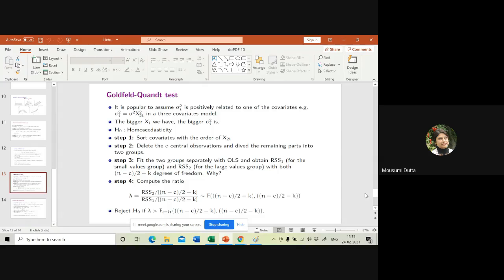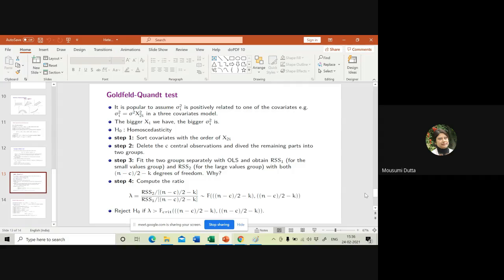Now, if you look at the slide, it is written that it is popular to assume sigma i square is positively related to one of the covariates. For example, sigma i square is equal to sigma square times x2i square in a 3 covariates model. So if there is x2i, x3i, suppose we are considering this kind of relationship. In the write-up, I am keeping it general.